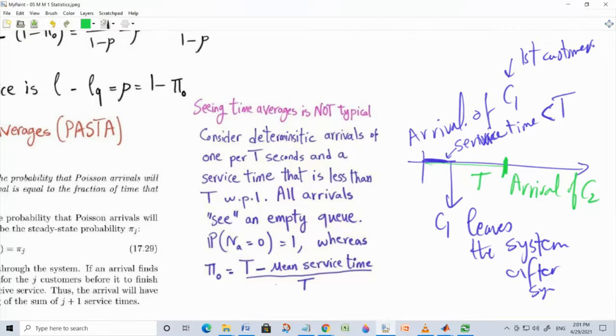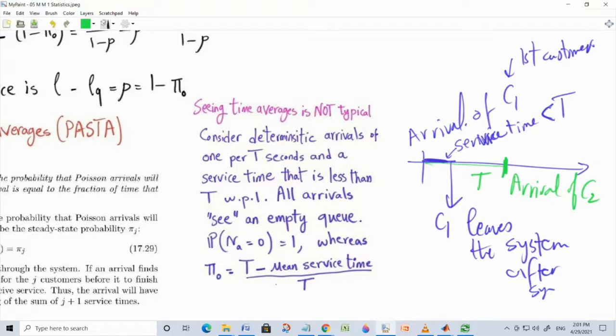But if you ask what is the probability that the server is idle, it will be T minus the mean service time, divided by T. So this will be pi zero.